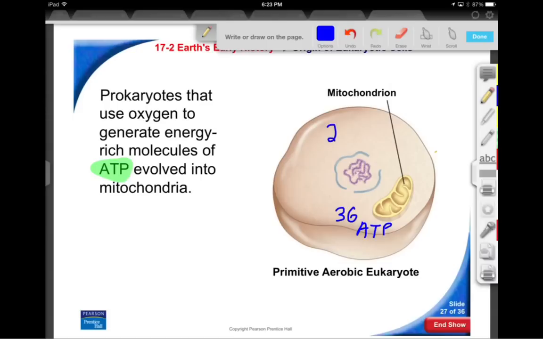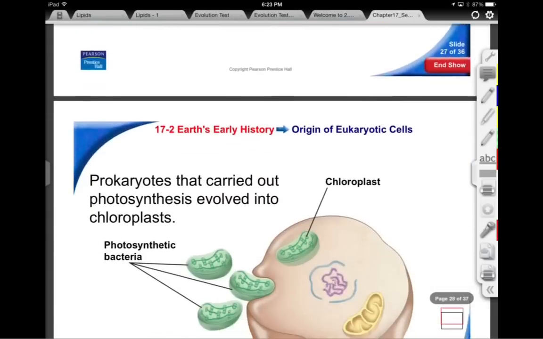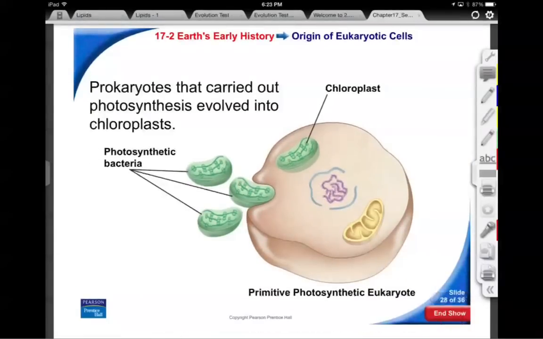Before, cells were only cranking out about 2 ATPs for every glucose molecule. And it was just such a good deal that the cell decided not to consume this symbiote. In fact, that's what made it an endosymbiote.